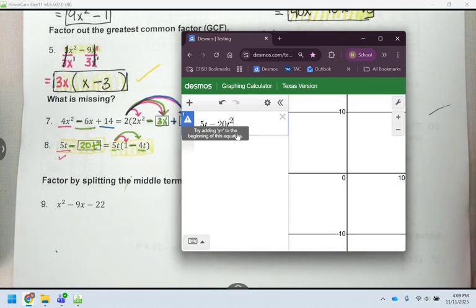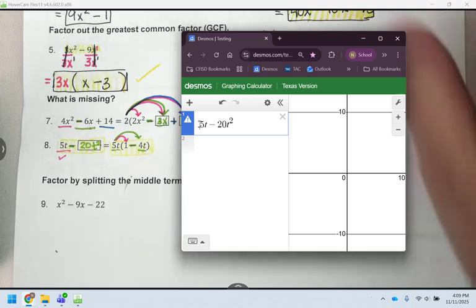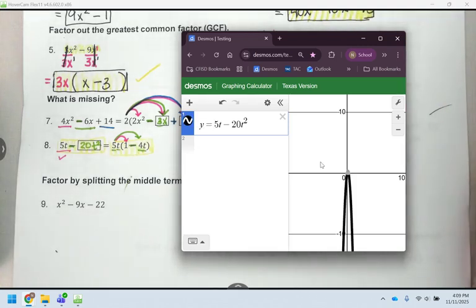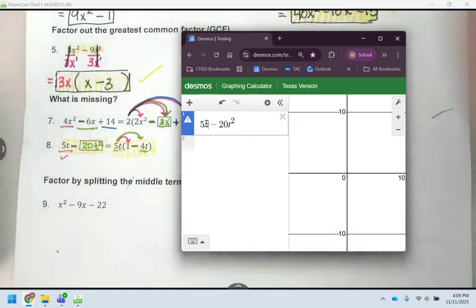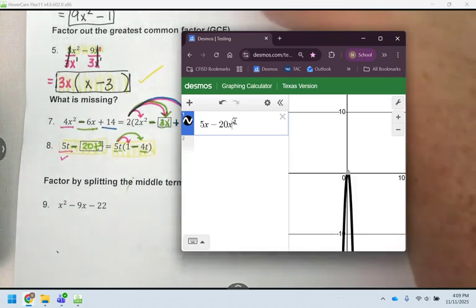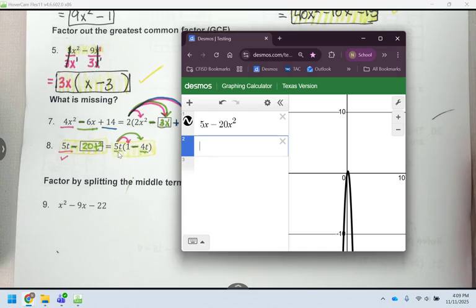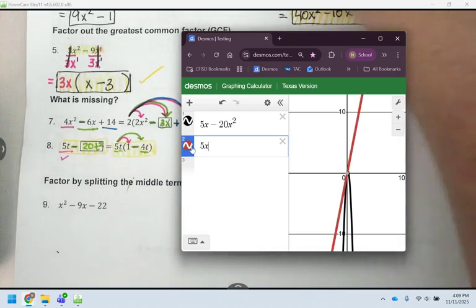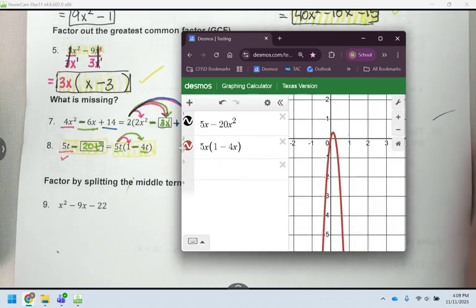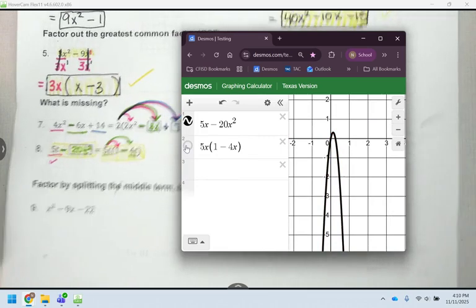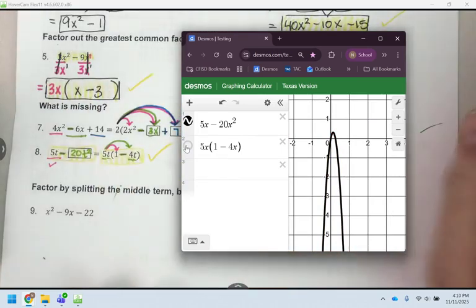It says try adding y equals to the beginning of this equation. Okay. Oh, interesting. It actually worked. I did not know that. What I always do is I make this into an x instead of a t, and it works. All right, let's do the next one. 5x parentheses 1 minus 4x. See if these work. Are they the same? Sure are. Check.